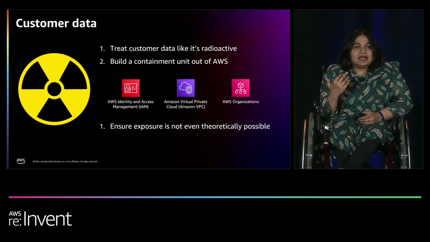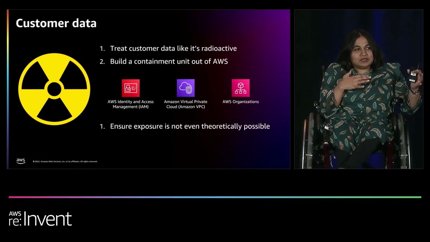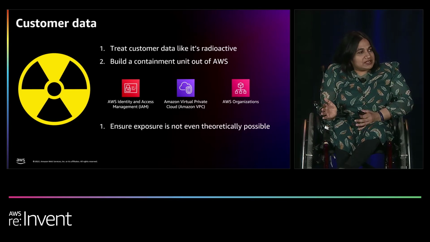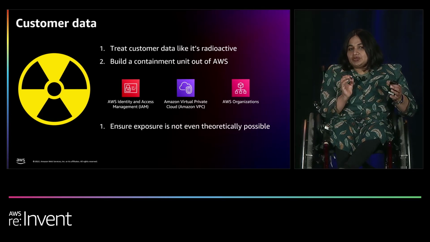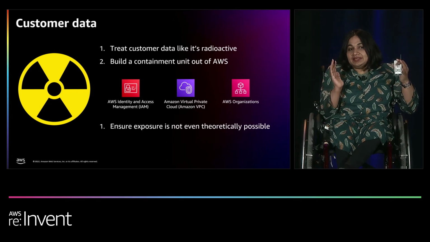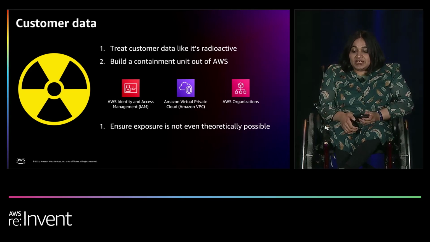Because as I talked about earlier, you have the identity-centric controls and you have the network-centric controls. And it's not an or, it's an and. Because we want to make sure that the data is really secure, we are using a combination of both.